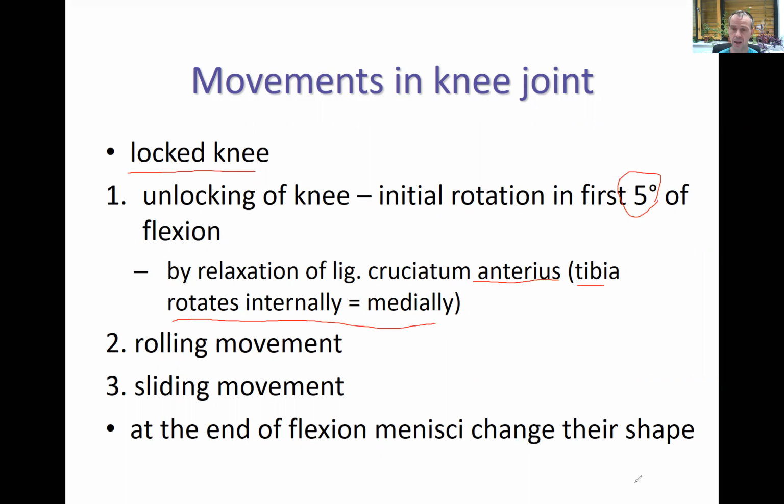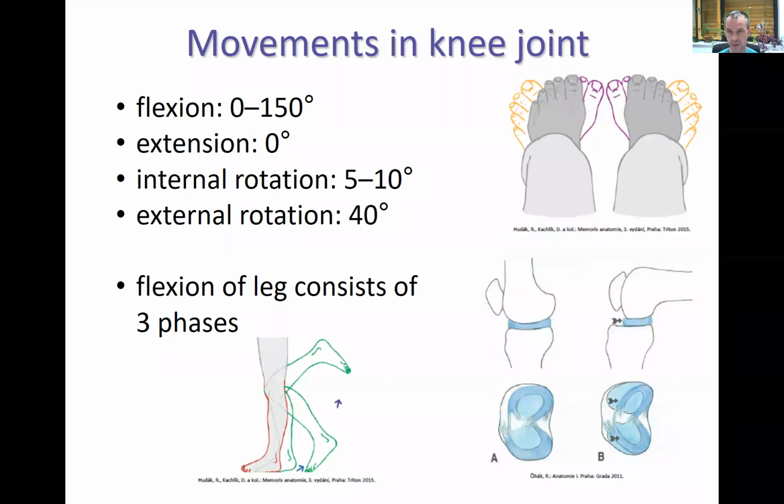And then the real flexion starts by first rolling and then sliding of the femur on the tibial surface. And at the end, the menisci change their shape, which is well visible in the figure shown before. When you see this rolling and sliding movement, the sliding movement a bit deforms and moves the menisci, as you can see here, dorsally.